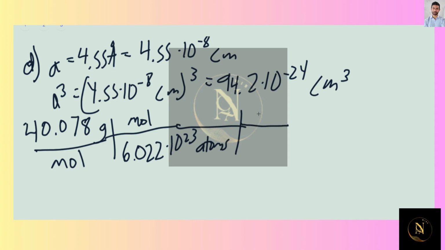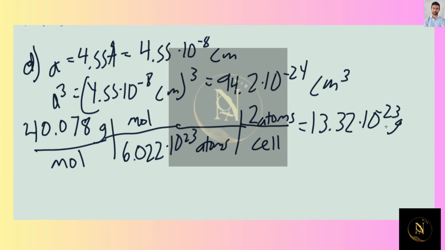Then we have 2 atoms total per unit cell. And so we get our answer to be 13.32 times 10 to the negative 23rd grams per unit cell. And that's what we want.